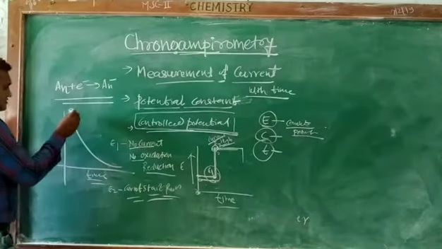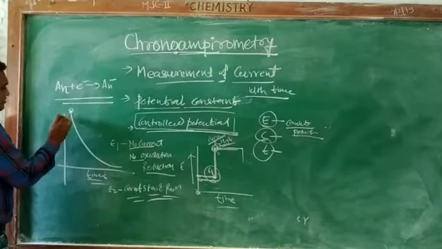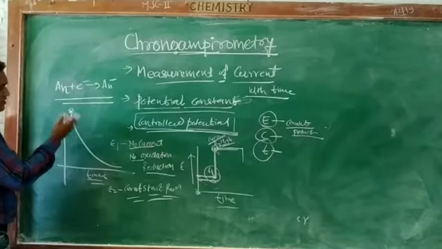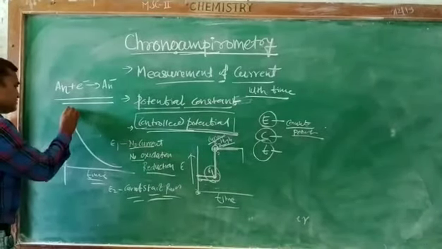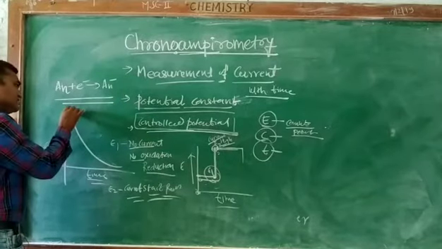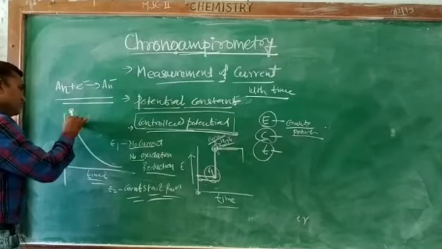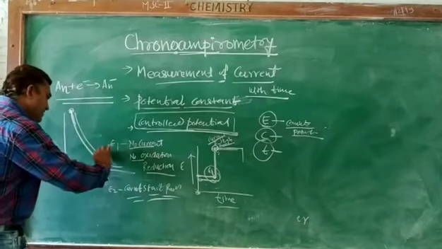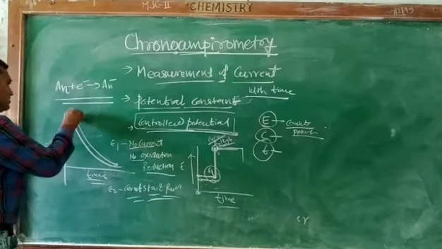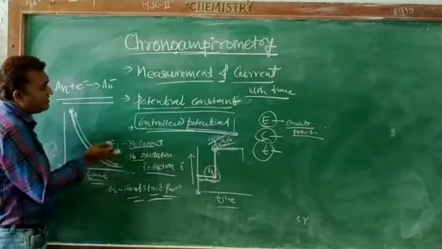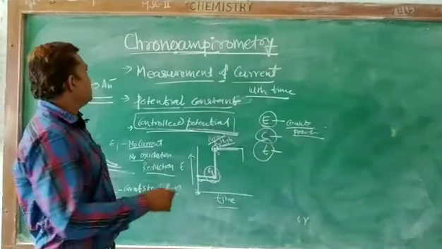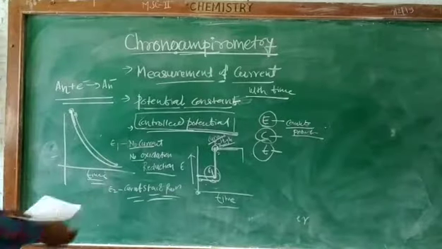When the reaction starts and the metal ion moves to the electrode, the current first increases. Then the current decreases as the concentration of metal ion decreases. So from the graph, we detect the concentration of the metal ions. This is the technique of chronoamperometry.